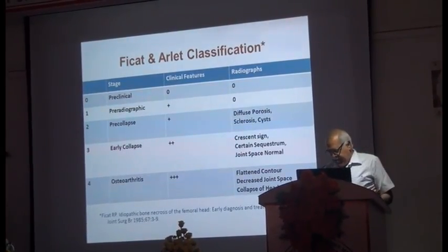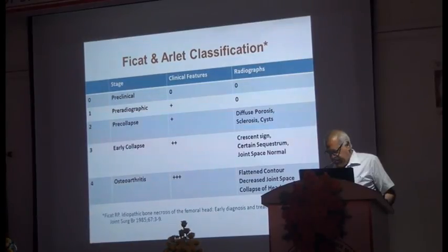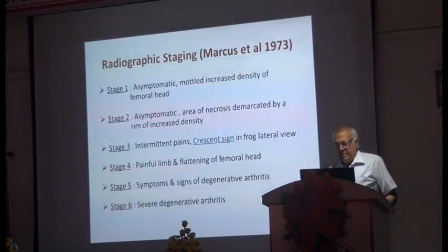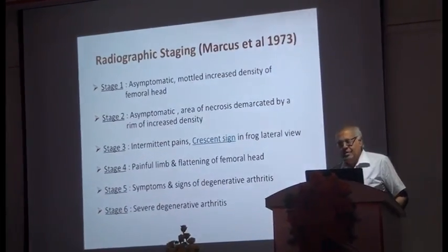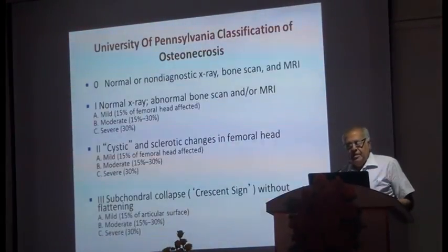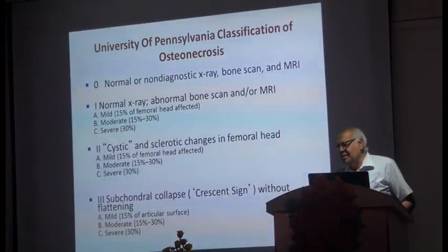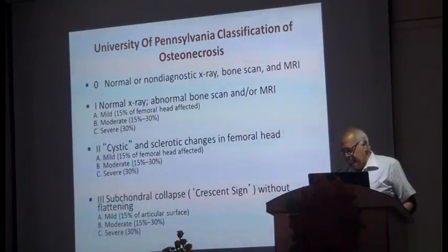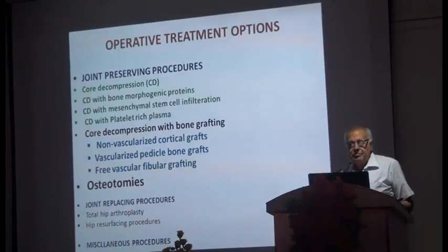Classification, a lot has been talked about by Dr. Ramesh, particularly the ARCO classification, the recent one, the latest one. Here we can do quantification in this Pennsylvania classification, where the involvement is less than 15%, 15 to 30%, or more than 30%. That is mild, moderate, or severe involvement of the head of the femur.